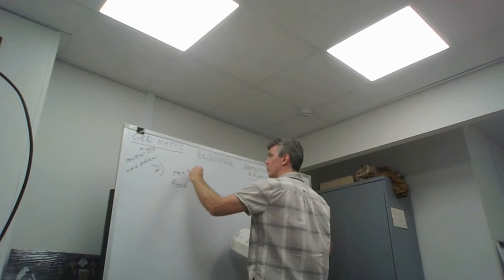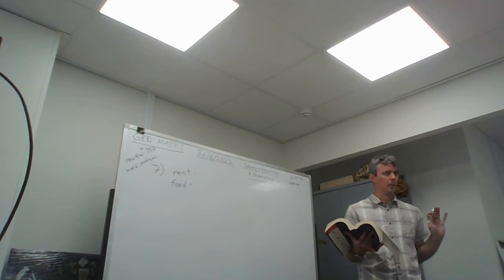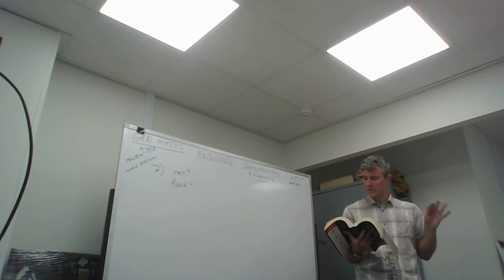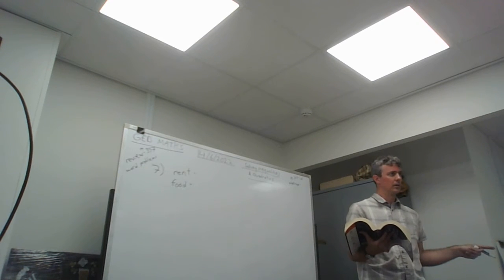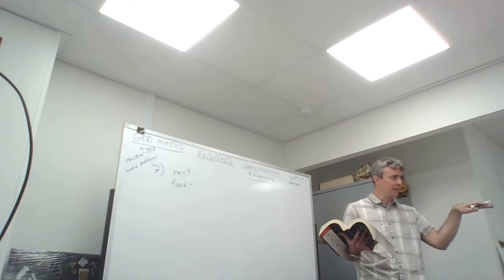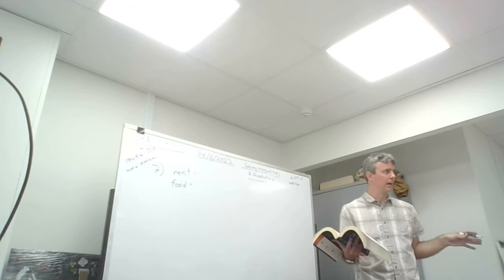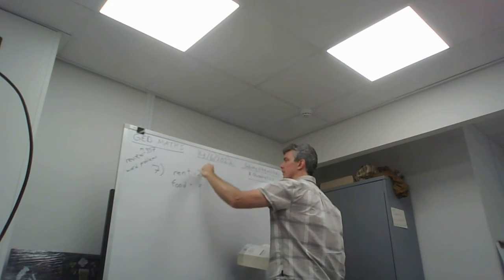Which one is the simple one? He spends twice as much on rent as he does on food, so food is the basic, and rent is 2 times food. Food is x, and rent is 2x.